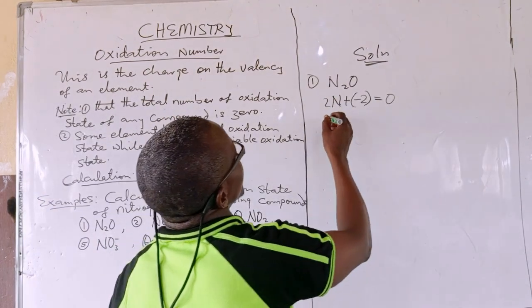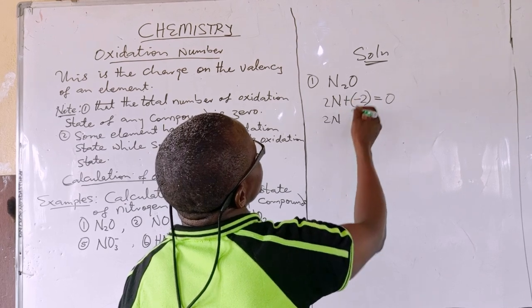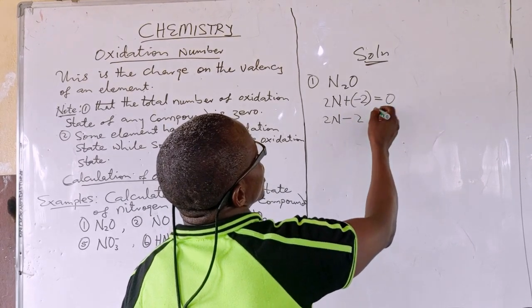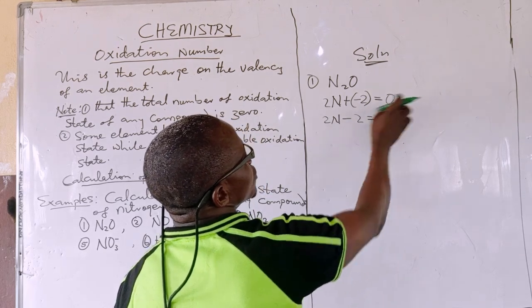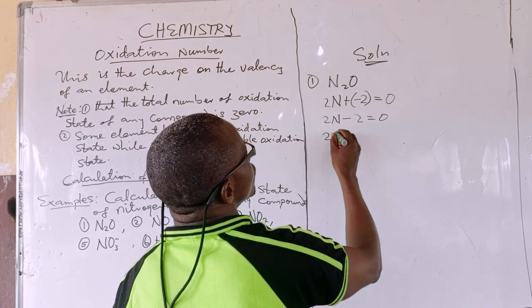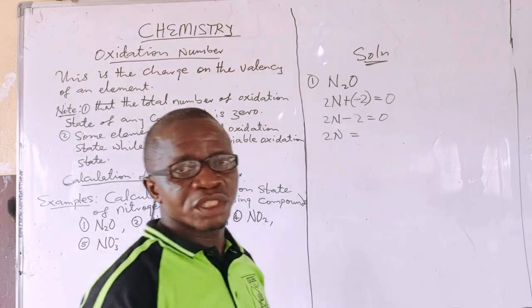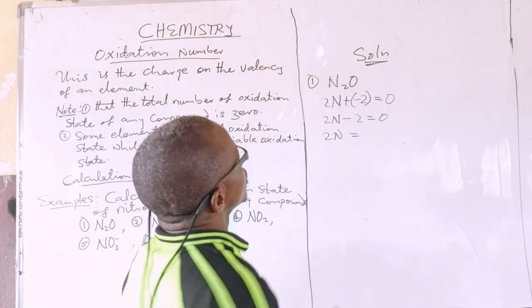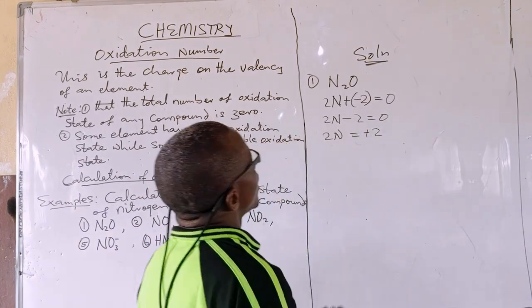So now my 2N plus times minus gives me minus 2, equal to 0. Take this to the other side. You have 2N equal to, when minus crosses the sign of equality, it becomes plus. That gives me plus 2.